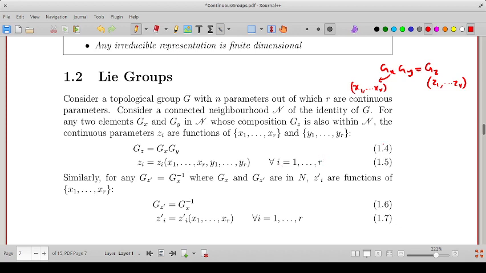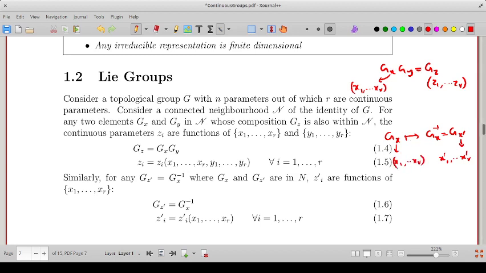And similarly, we can think of the inverses. So given an element Gx, its inverse will be given by Gx inverse. This is also an element of the group. We assume that this is also in this neighborhood N. So this will be given by, say, another element Gx dash. So the parameters of the inverse are x dash 1, etc. up to x dash r, and the parameters of Gx are x1, etc. up to xr.